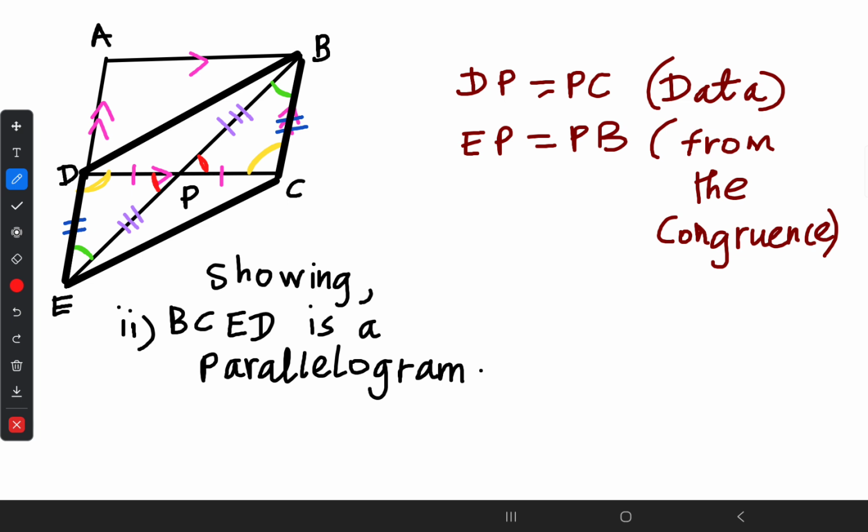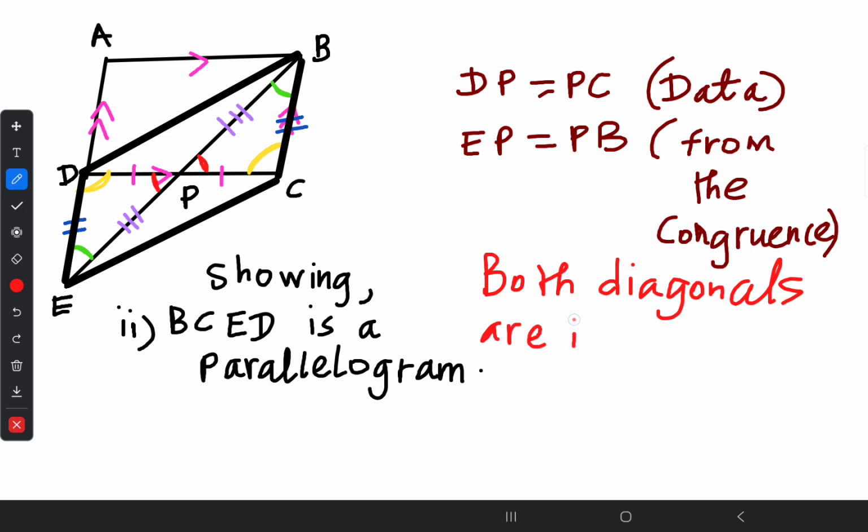So in that one, you should write both diagonals are bisecting each other. Bisecting, so equally splitting into two.